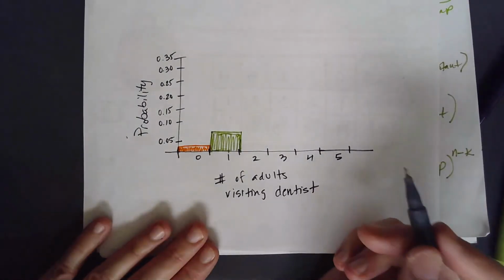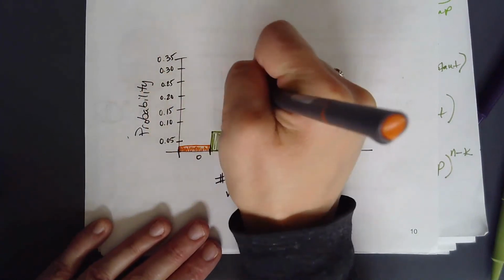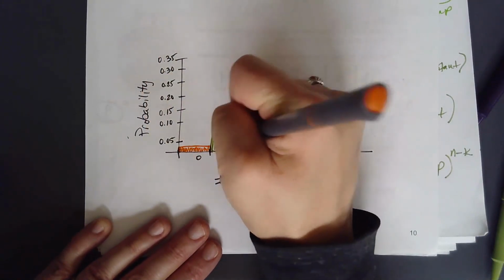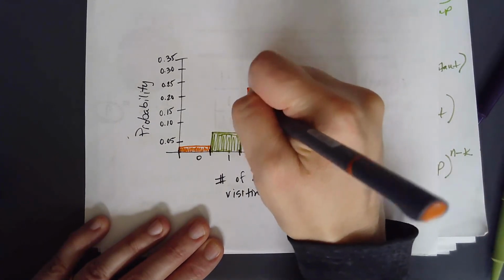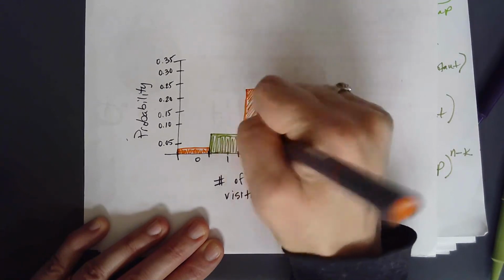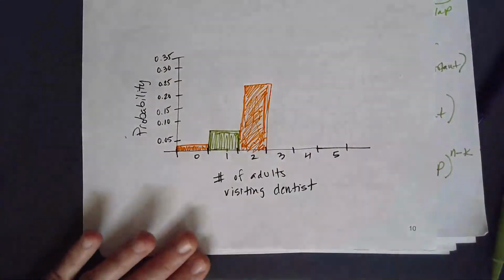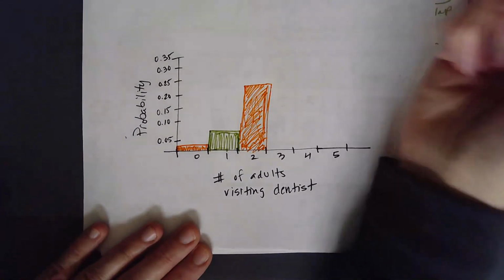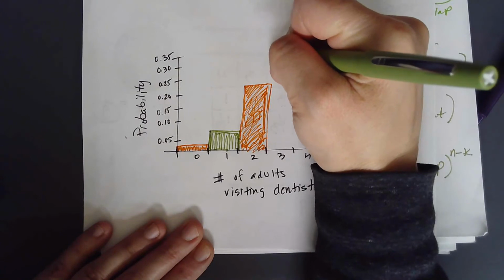For 2, I got 0.2109. 0.21 is approximately there. And so I'm going to make this bar. Color it in a little. All right, for my 3, I got 0.344, so that's going to be the highest one, so maybe about right here.